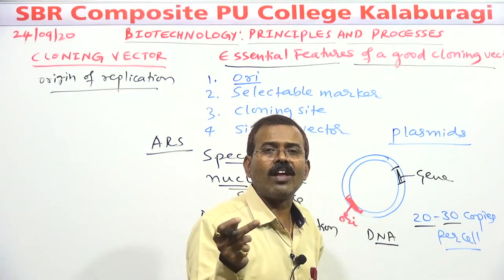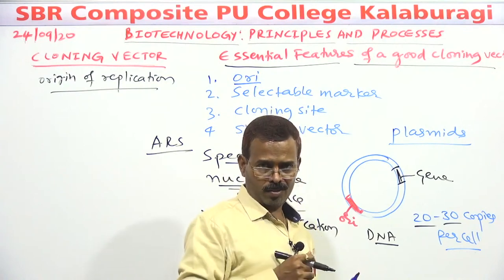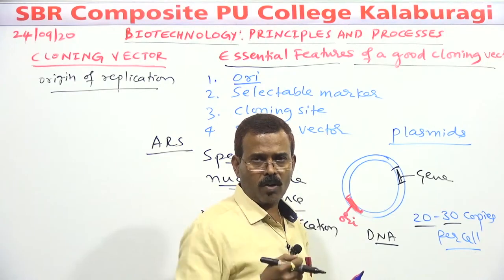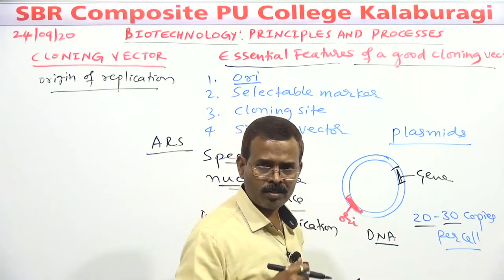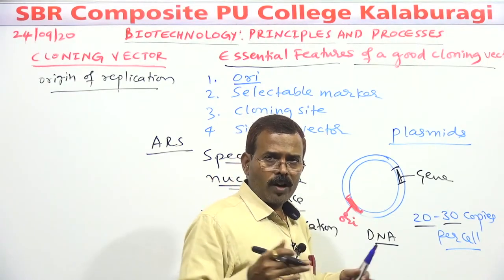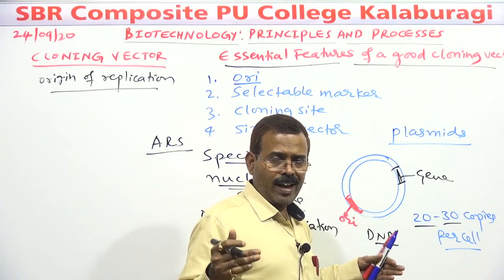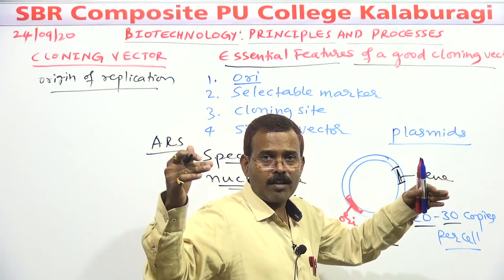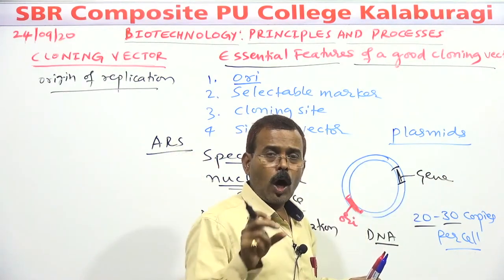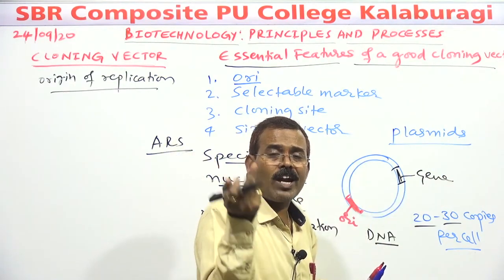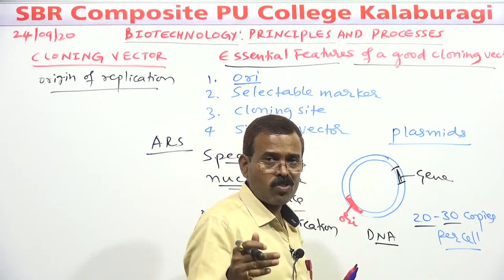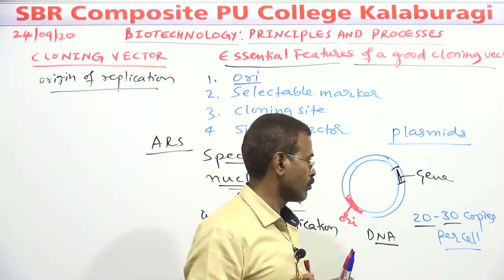Bacterial cell itself is very small in size, in the range of 1 to 3 micron or likely more than that. So, if more copies are there, that can exert a lot of pressure on the cell, which can burst. So, only so many copies can be naturally accommodated in the cytoplasm of the bacterial cell.